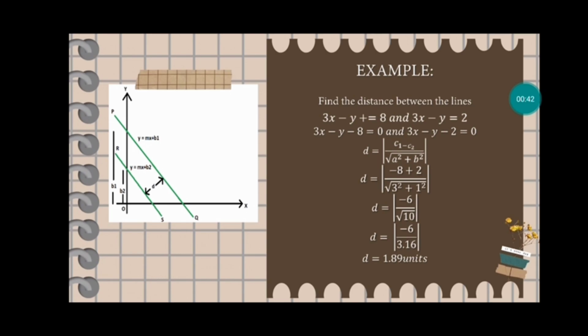And a is 3 squared plus b is 1 squared. So negative 8 plus 2 is equal to negative 6, and the square root of 3 squared plus 1 squared is the square root of 10. So the square root of 10 is 3.16. So the distance is equal to the absolute value of negative 6 over 3.16, and the final answer is 1.89 units since it is in absolute value.